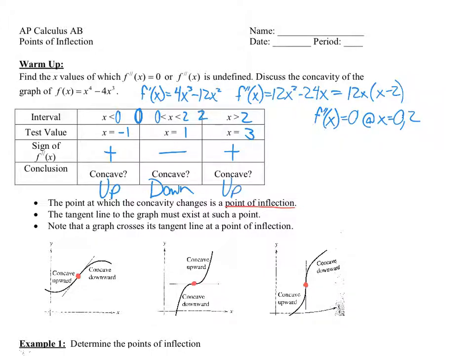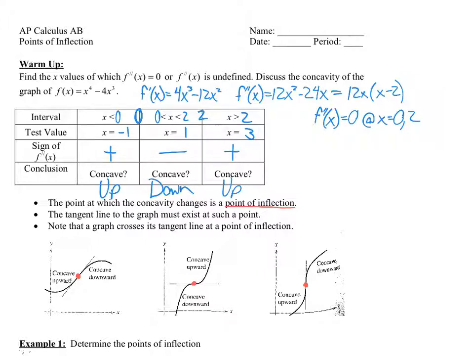Is it always up, down, up, down? No, but it often is. Remember, with increasing and decreasing, most of the time it did switch back and forth. But always test it, just to make sure.